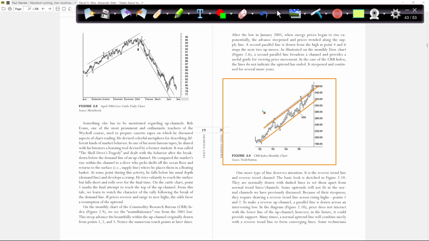So now, after the low in January 2005, when energy prices began to rise exponentially, the advance steepened and prices traded along the supply line. This is our demand line, this is our supply line. So prices surged back up, trading around the supply line.